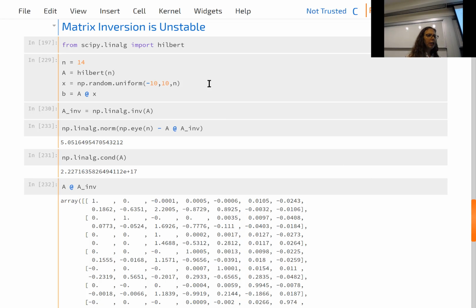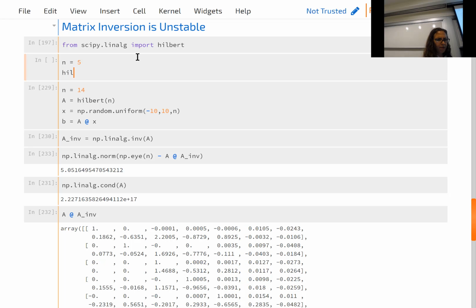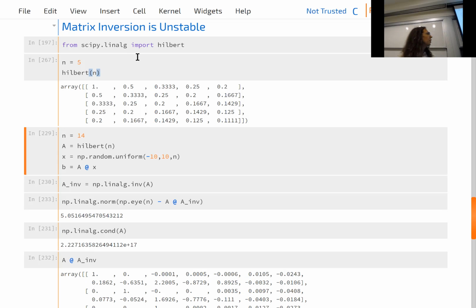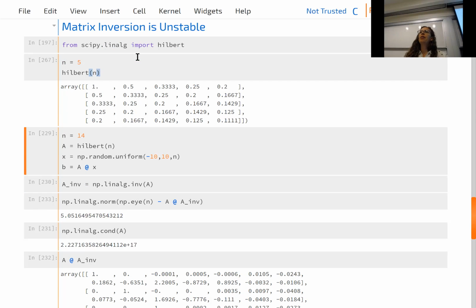Here we're going to look at a specific example called a Hilbert matrix. Let me start by doing a smaller one, just so you can see what it looks like. The Hilbert matrix is basically these fractions: 1, a half, a third, a fourth, a fifth, is how the matrix is constructed.